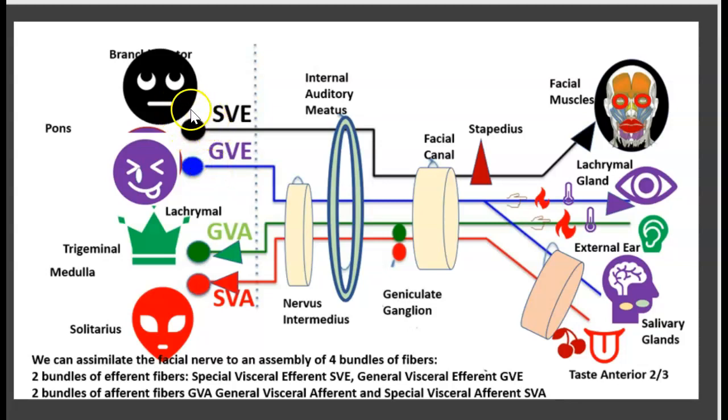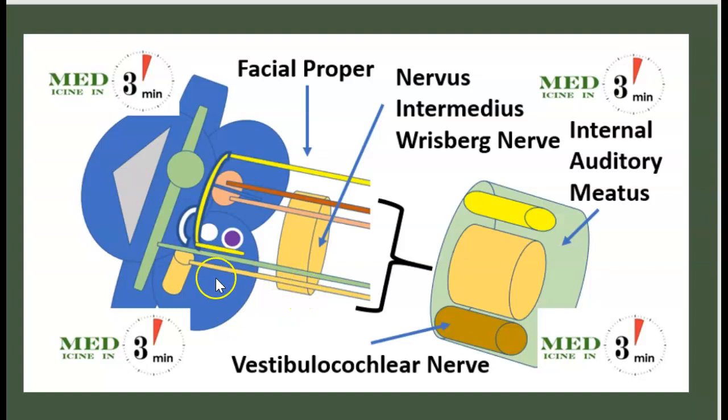Let's start with the efferent fiber coming from the branchiomotor nucleus to the muscles of facial expression. Another view to show the salivatory lacrimal nucleus, the spinal trigeminal nucleus, the nucleus proper of branchiomotor nucleus, and the solitary nucleus.